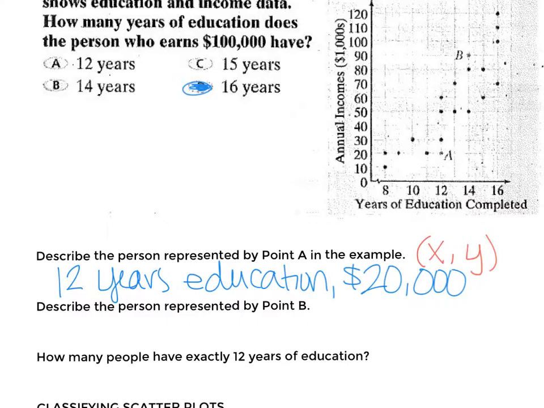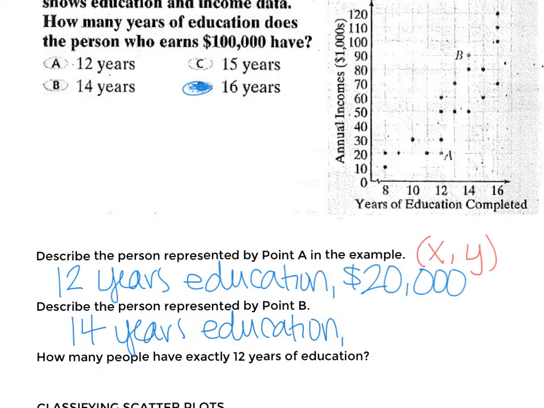The next question asks about point B. Okay, you should be able to answer that. At point B, that person has 14 years of education. And typically that means if they have 14 years of education, they make $90,000 a year.